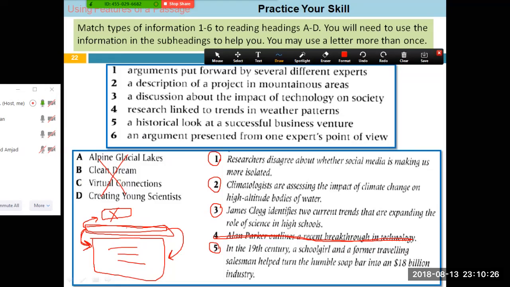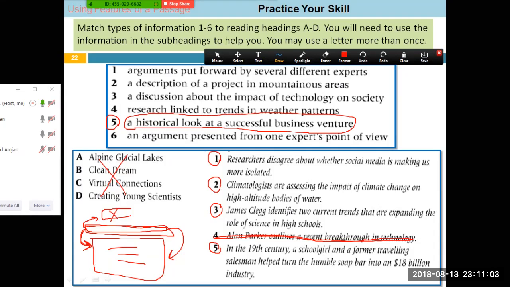Let me solve one for you, and then I will ask you to solve the others. For example, number 5 here: a historical look at a successful business venture. Now, where will you find this type of information, with this subheading, this subheading, or this subheading?